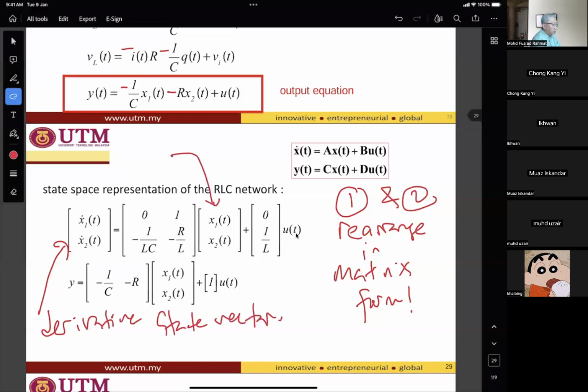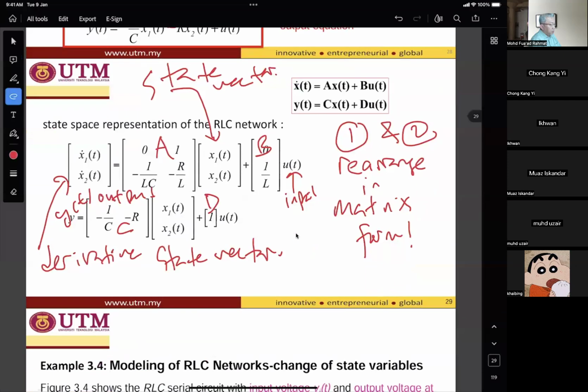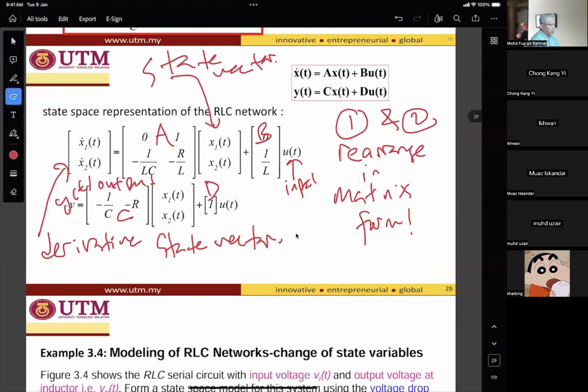This one is the state vector. Yeah, this one is the input. Okay. y of t is the output. This whole thing is matrix A, matrix B, matrix C, and matrix D, which are the system matrix, input matrix, output matrix, and feed-forward matrix.